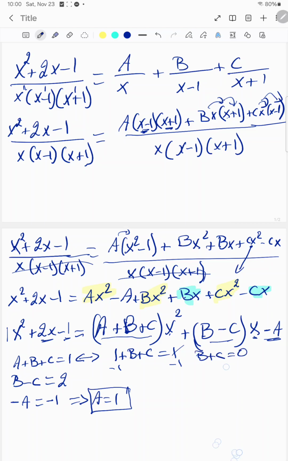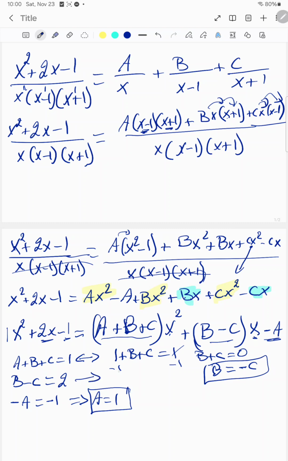So b is equal to minus c. And from here, I can replace b by minus c, so I will have minus c minus c is equal to 2. So minus 2c is equal to 2. If I divide by minus 2 here and by minus 2 here, I will have c is equal to minus 1.